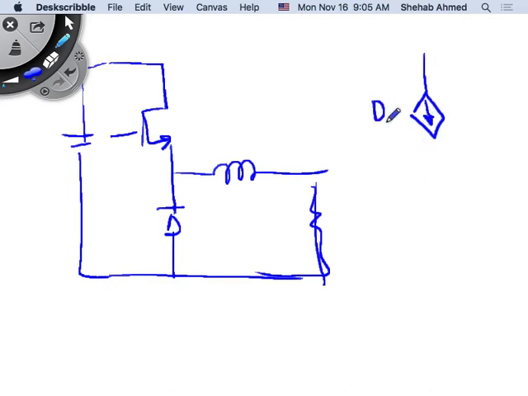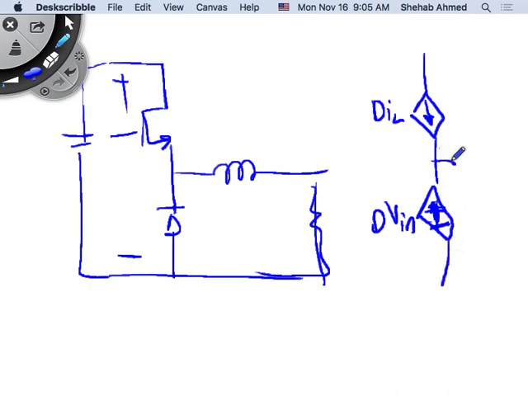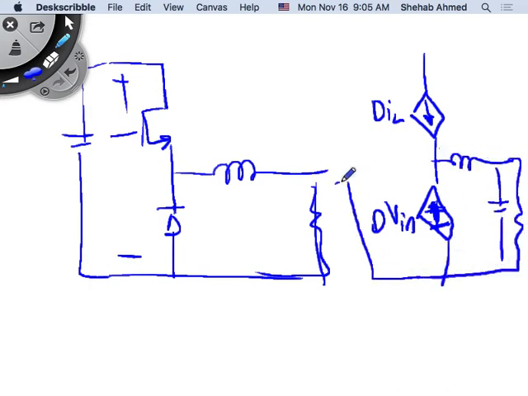So we did this D times IL, and this was the voltage, D times V input, and this was my inductor, this was my capacitor, this was my resistor, this was my source.